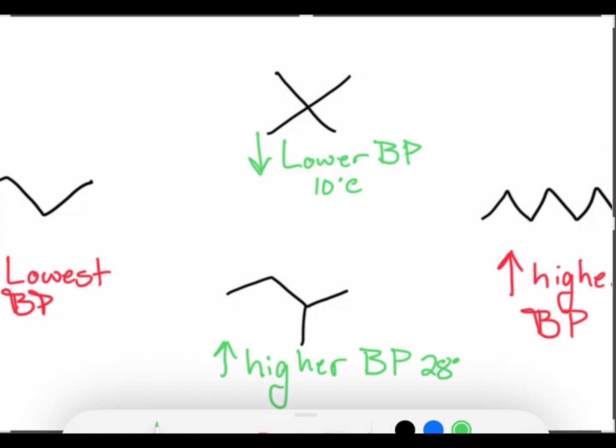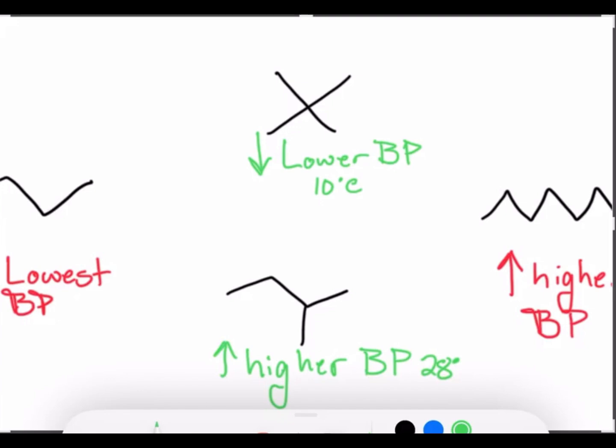So the hydrogens are not going to be interacting with many other molecules, let's say if it was interacting with an alcohol or water molecule.